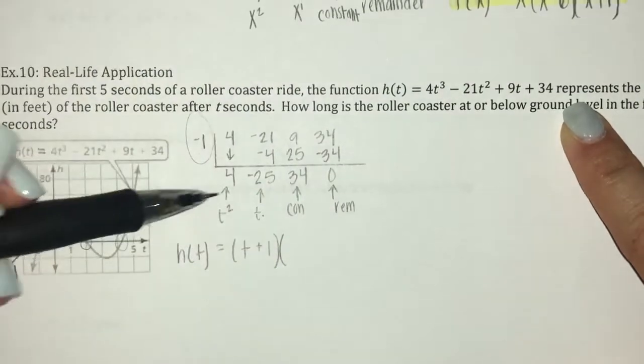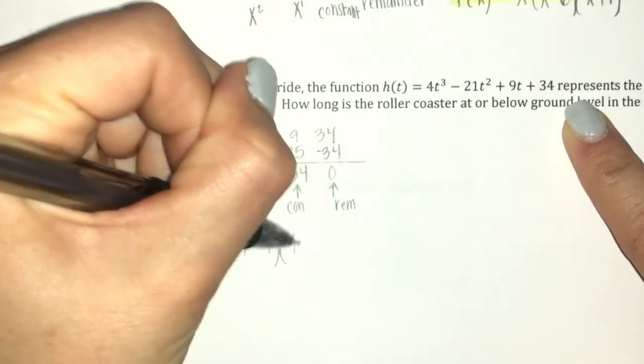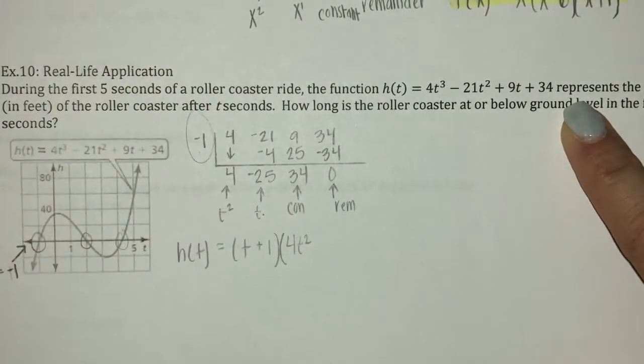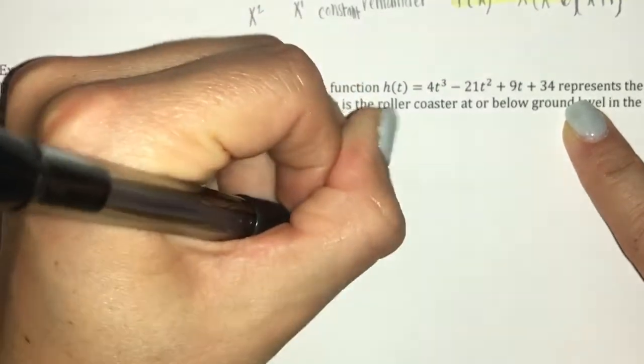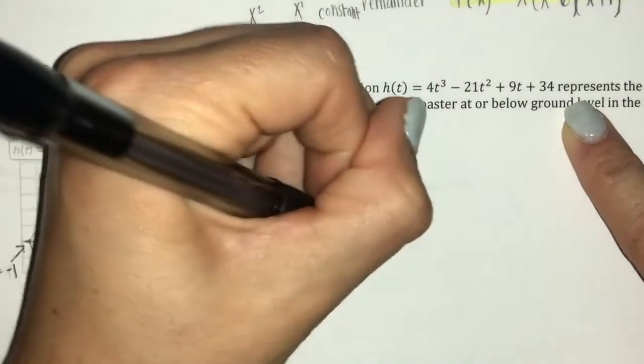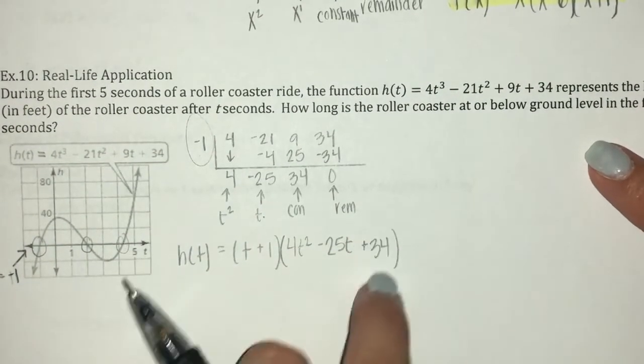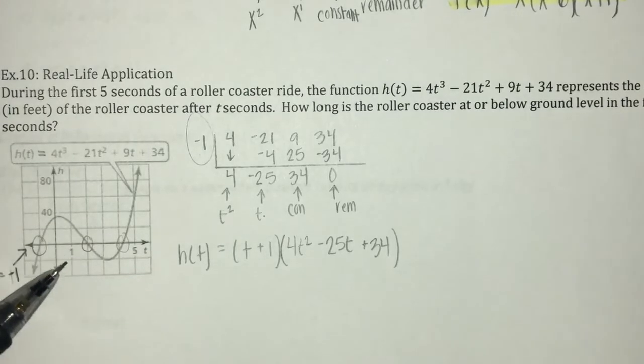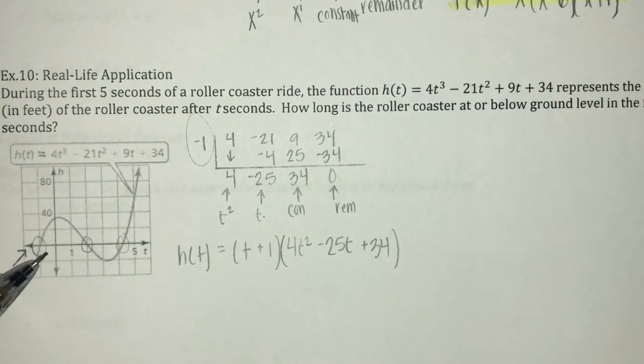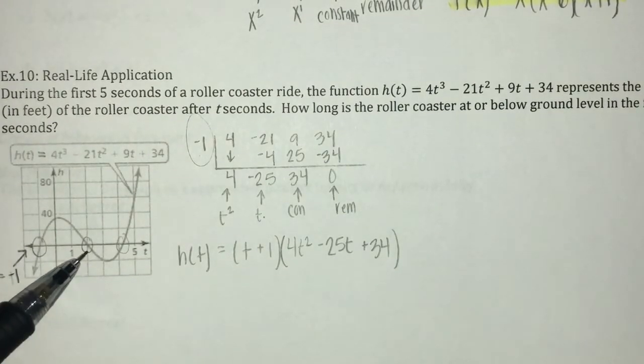And then what I'm left with is 4t squared minus 25t and then plus 34. And then if you want, you can try to factor this as a trinomial, but we know another probable x-intercept or solution, and that's at 2.